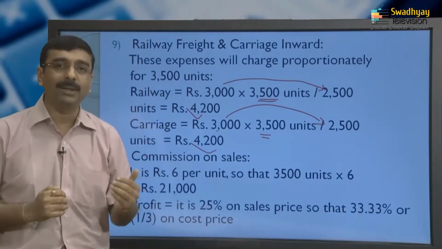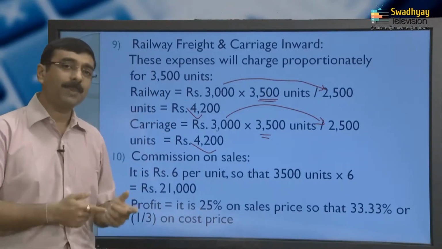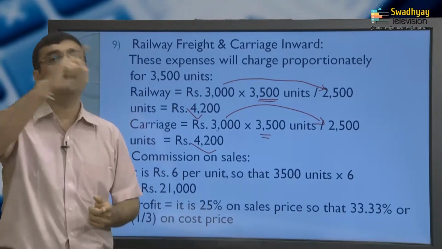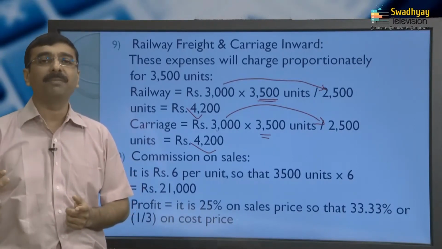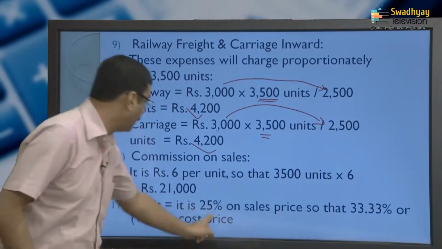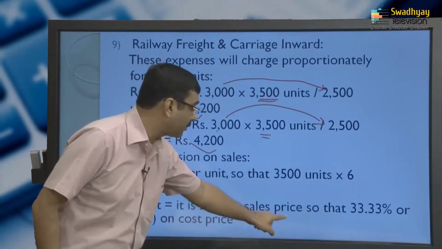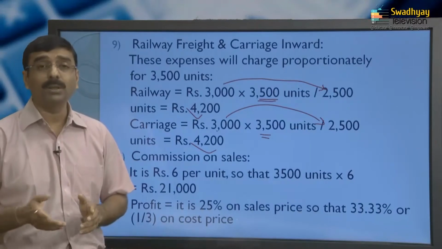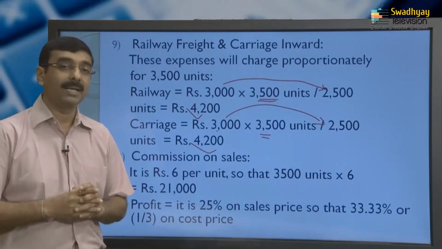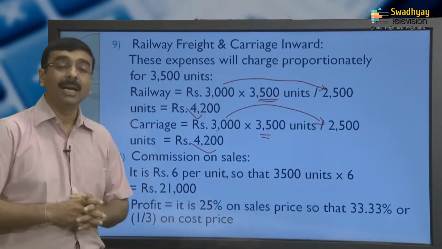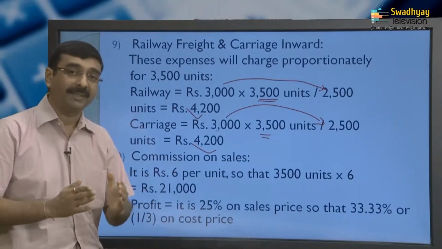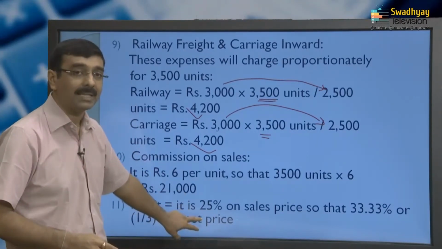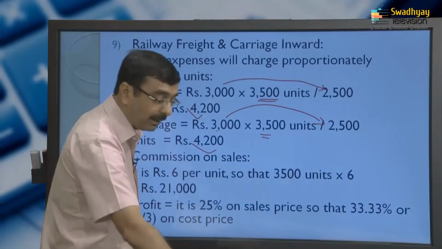So on the basis of sales price profitability being given, we try to find out how much profit would be charged on cost price. So if 25% on sales price is given, it would be calculated as 33.33%, or a 1/3 part of cost price, and that we will calculate at the time when we find out the profitability. It is the last part of the estimated cost sheet that we would calculate at last.